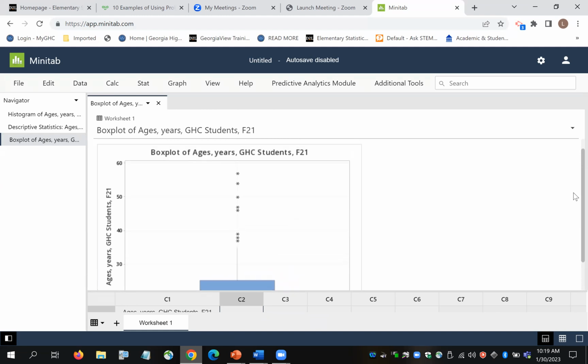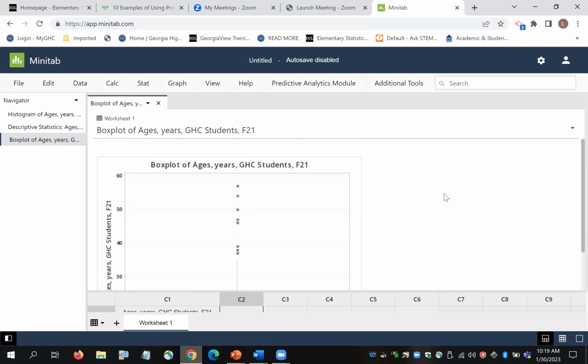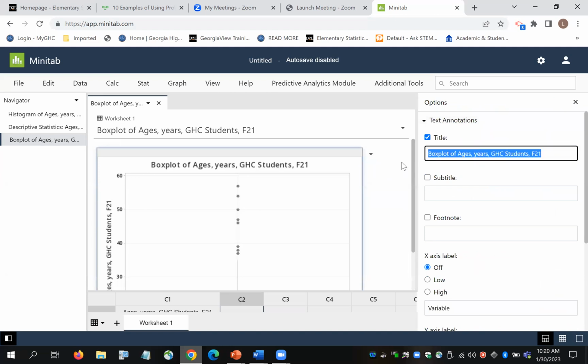Now, to change the title, again, to make it descriptive and detailed, I select the graph. Notice the black frame around it. Click on the triangle, go to graph options. So I can put ages of GHC students.